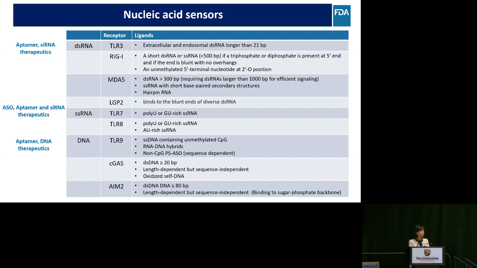To trigger strong immune responses, it should be more than 45 base pairs. So to trigger the immune response through these receptors, the oligo should have certain chemistry, structure, length, and sequence. So when we design oligonucleotide therapeutics, those possibilities should be considered.